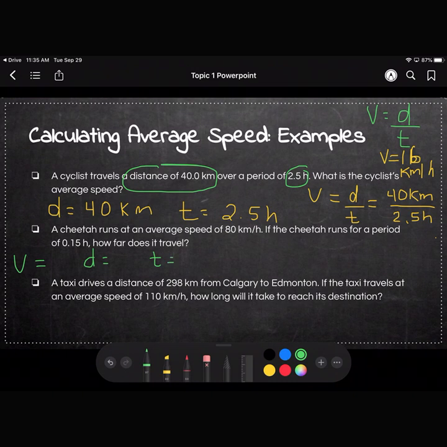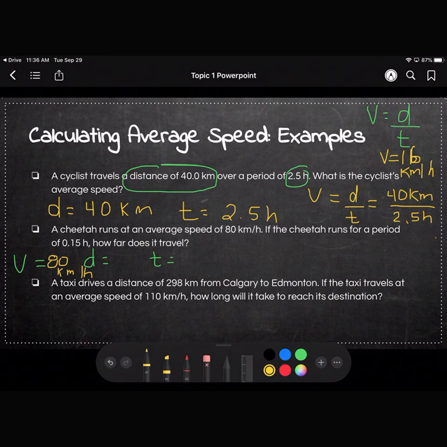D is distance. V is your speed. It's a v. It's an average speed, so that gives you a good indication that it is a v. So for our v, I'm going to write 80 kilometers an hour.